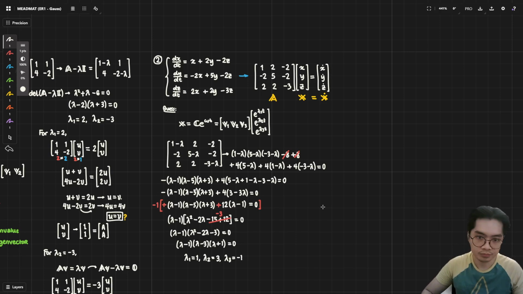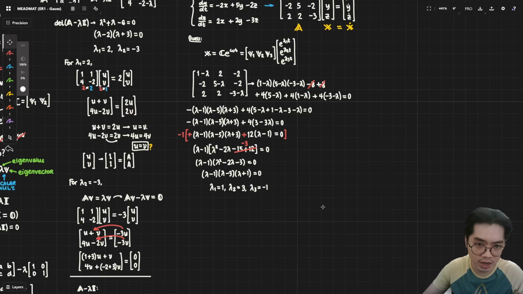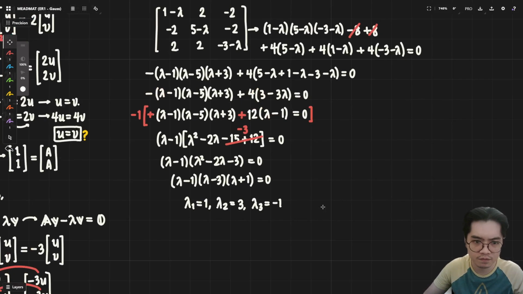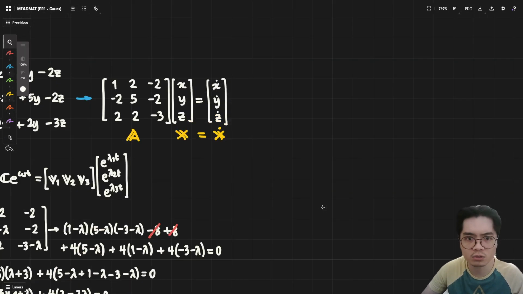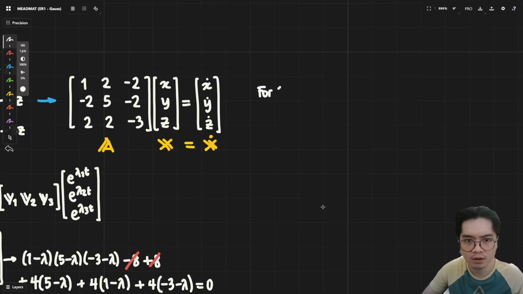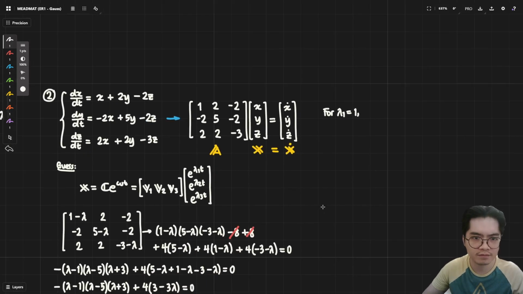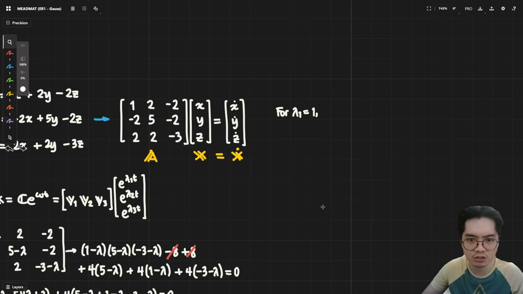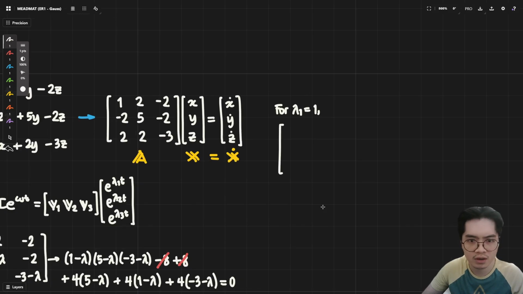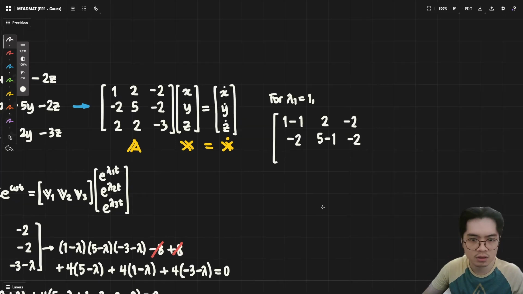Okay, let's try. We will get first our lambda equals 1. For lambda 1 equals 1, we will have this, minus 1 everywhere. So 1 minus 1, 2, negative 2, negative 2, 5 minus 1, negative 2, then 2, 2, negative 3 minus 1.